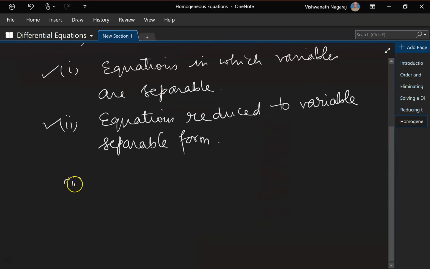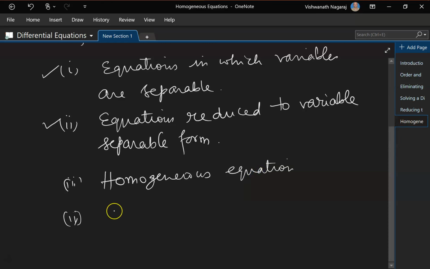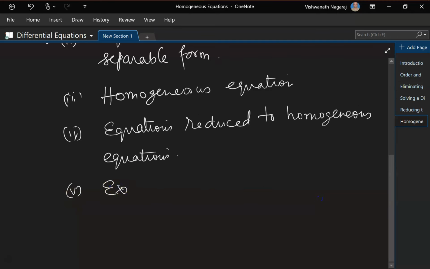Let me just list down what all we are going to do. We are going to look at homogeneous equations. Then we are going to look at equations reduced to homogeneous equations. Then exact equations.